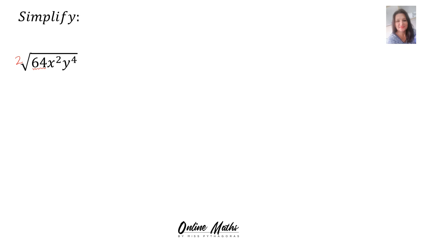You take your invisible 2 and you divide every exponent by that 2. So the square root of 64 is 8. In terms of x, the 2 and 2 will cancel, so you're left with x to the 1. And in terms of y, 2 goes into 2 once, and 2 goes into y^4 twice.